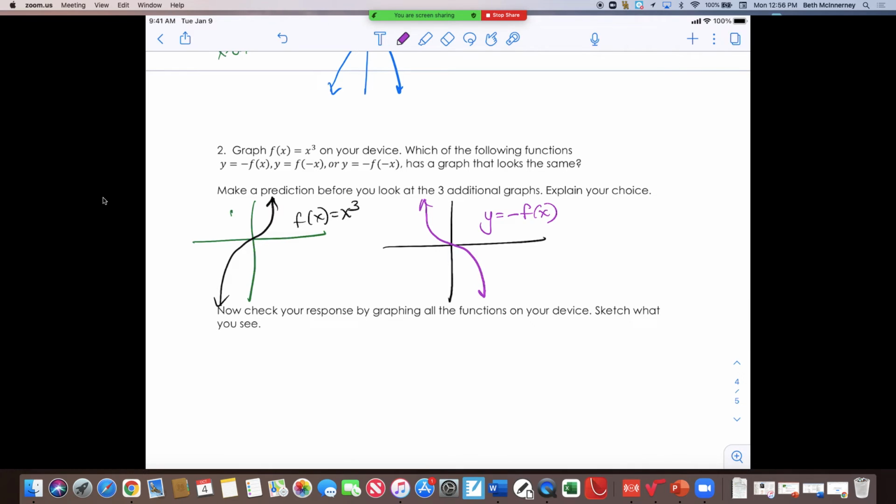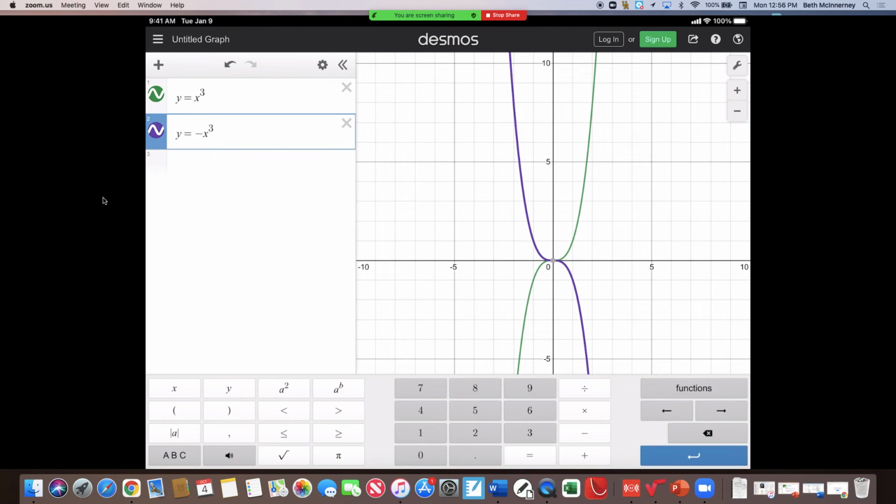All right, now let's go back to Desmos, and I'm going to knock that one out. And let's do y equals parenthesis negative x cubed. Oh, isn't this interesting? Doesn't it look identical to the other one? The second one we just did?